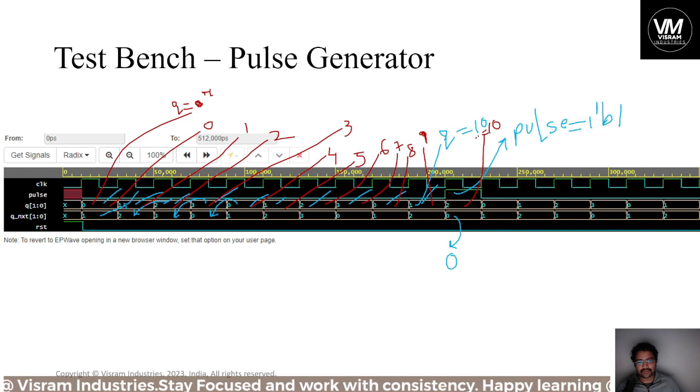So Q is equal to 10 at Q's 10th position. I mean Q's 11th position. So it is modulus 11. Don't get confused here.